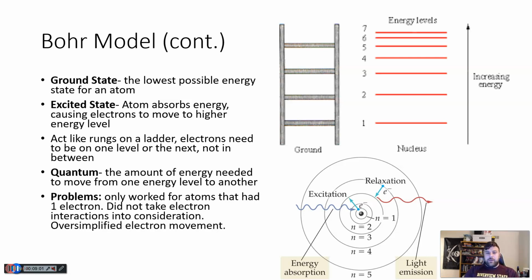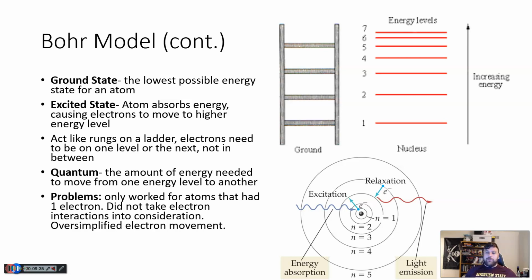Now, as with the Rutherford model, there were still some problems. Obviously we don't use the Bohr model now other than for academic purposes. The main problem was that this model only worked with atoms that had one electron. So a hydrogen atom or a positive helium ion that lost one electron, or a lithium ion that lost 2 electrons, and so on and so on.